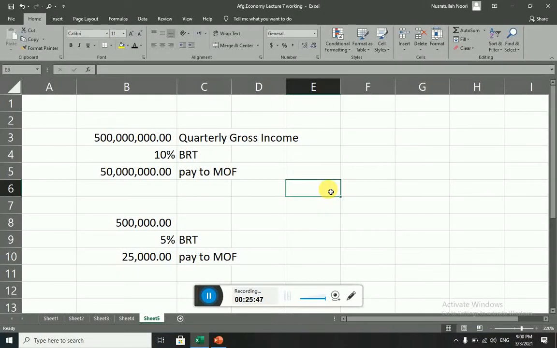Suppose we are a business, for example, a consulting business, and our revenue for the quarter is 20 million.